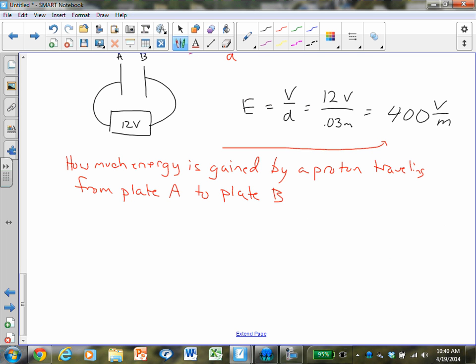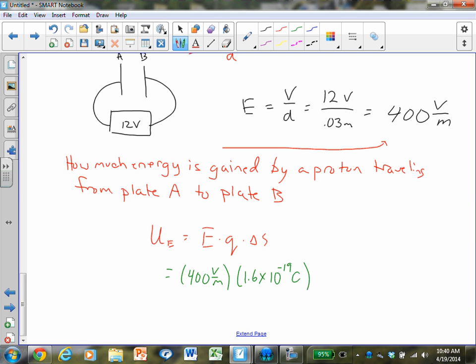Okay, so that potential energy is going to become kinetic energy. So the U electric is E Q delta S. Well, we know what E is. We solved for it before, 400 volts per meter. The charge on a proton, in your reference table, is 1.6 times 10 to the minus 19 coulombs.